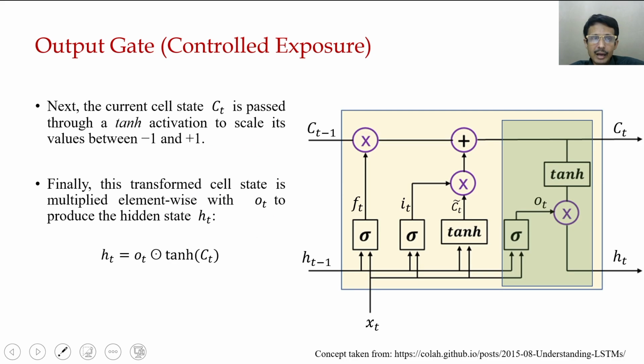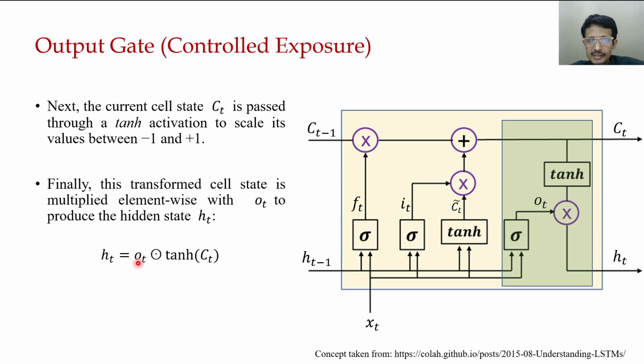Now with this output gate, the current cell c_t is passed through a tanh activation, to scale its value between plus and minus 1. Finally, this transformed cell is multiplied element-wise with o_t, our output gate, to produce the hidden state h_t. That dot in the circle is called element-wise multiplication.